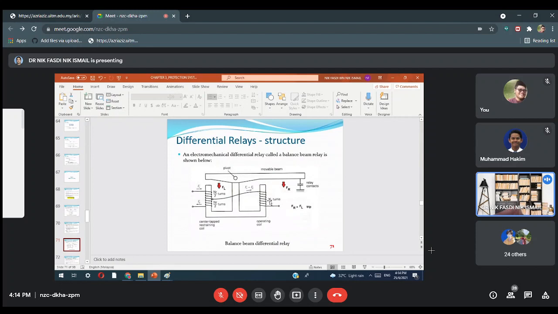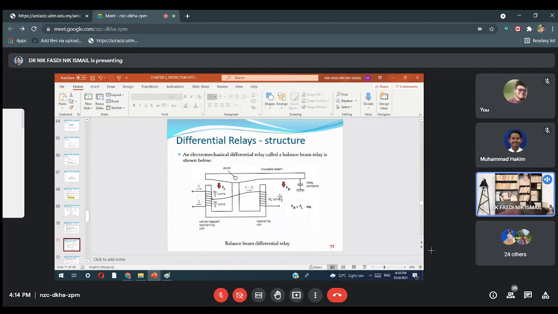When turn on operating coil, what is FL? FL is the force left, force right. Whenever force right is greater than force left, dia akan trip. Maksudnya dia akan move downward. Dia akan push the contact to turn on. Ini maksudnya structures of the differential relay. Okay.